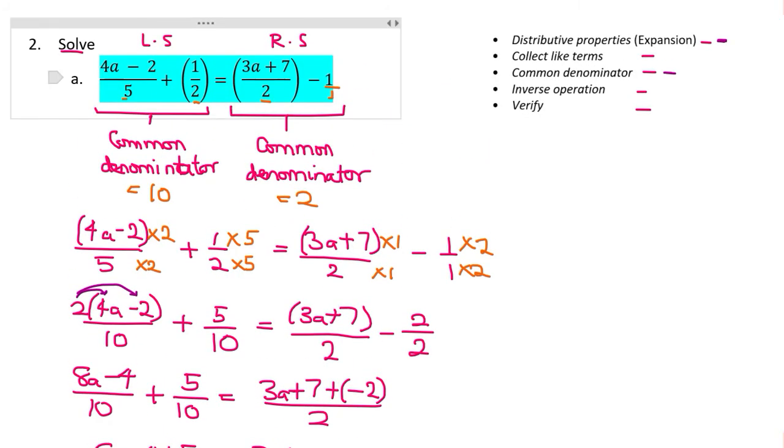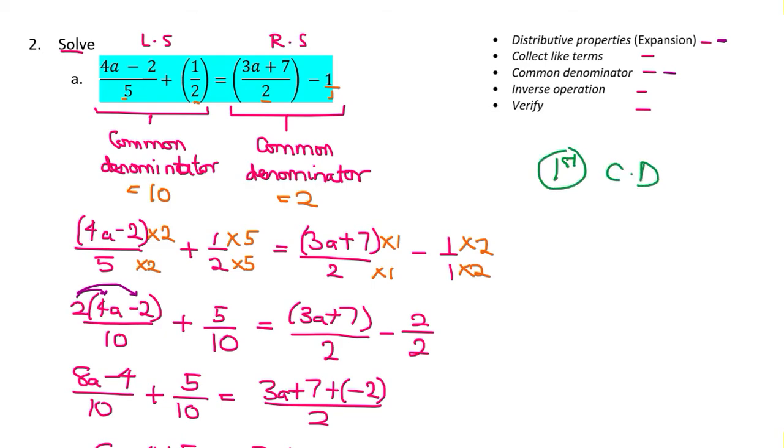So what you recognize here is, since you have a fraction, the first step is to do our common denominator, and then as soon as you deal with that, the next step, because we have a factor multiplied by everything inside the bracket, is to do our distributive properties, which I'll put as DP, distributive properties.